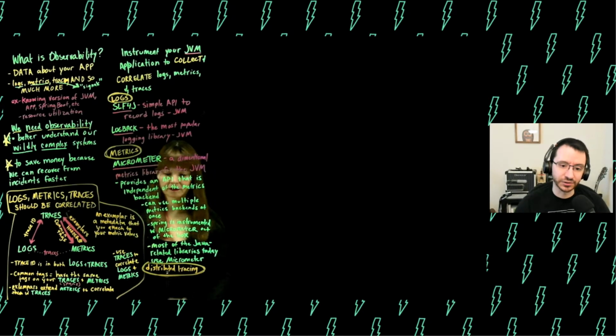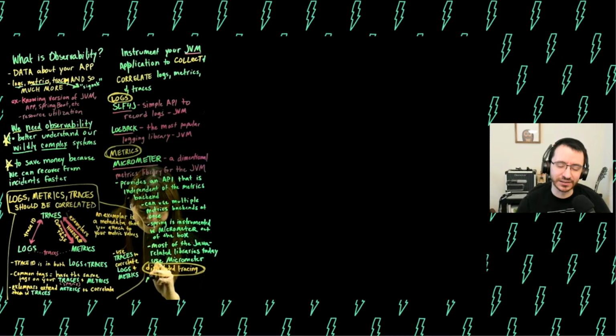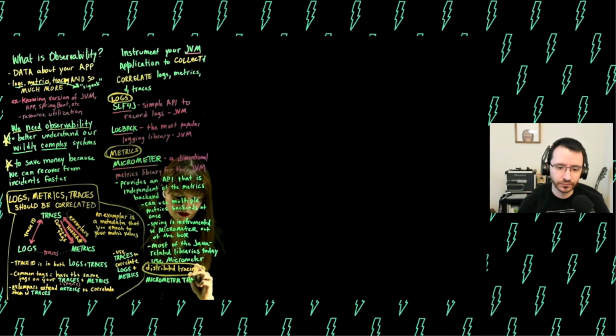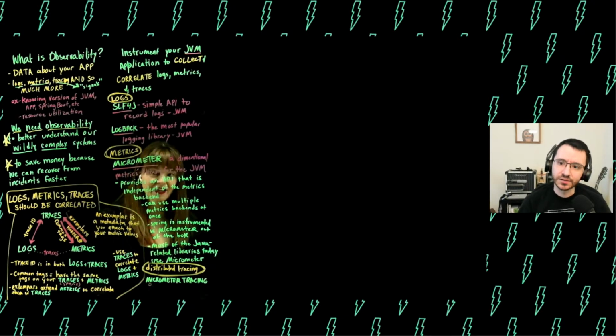One of them is Brave, the other one is OpenTelemetry. So you can recap this whole thing in just 3 words. So Micrometer Tracing, right? Yes. And that's the name of a tool? That's the name of the project, yes. Okay. And 3 words. Yeah.